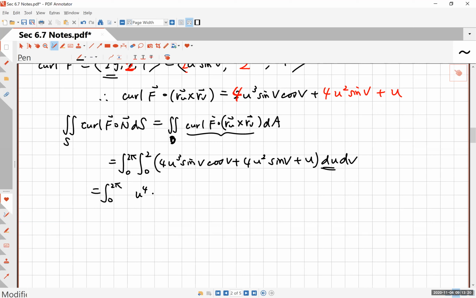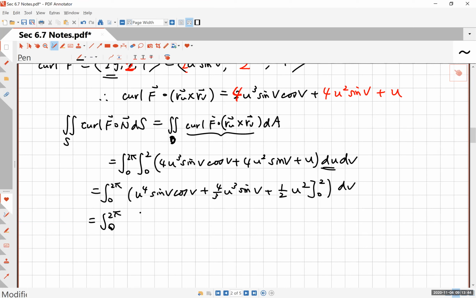So it's 4 u to the fourth sine v cosine v plus 4/3 u cubed sine v, and then plus 1/2 u squared, and then we go from 0 to 2 and we integrate this part first.